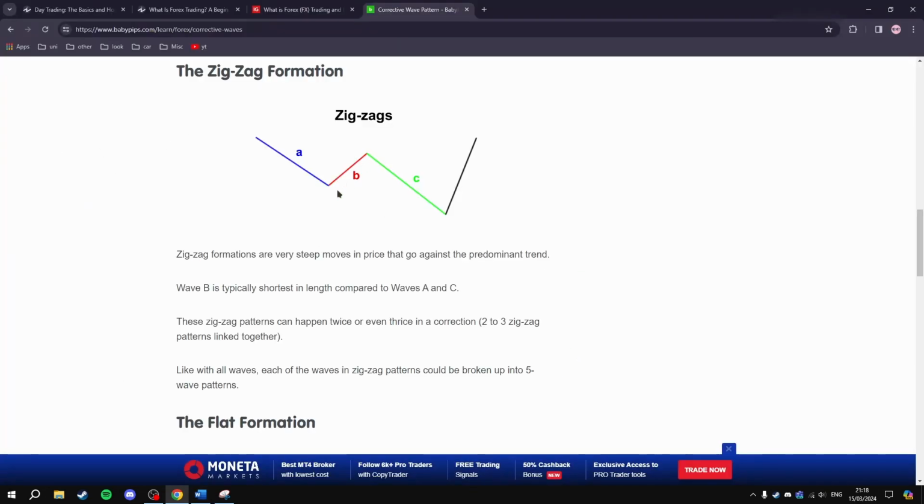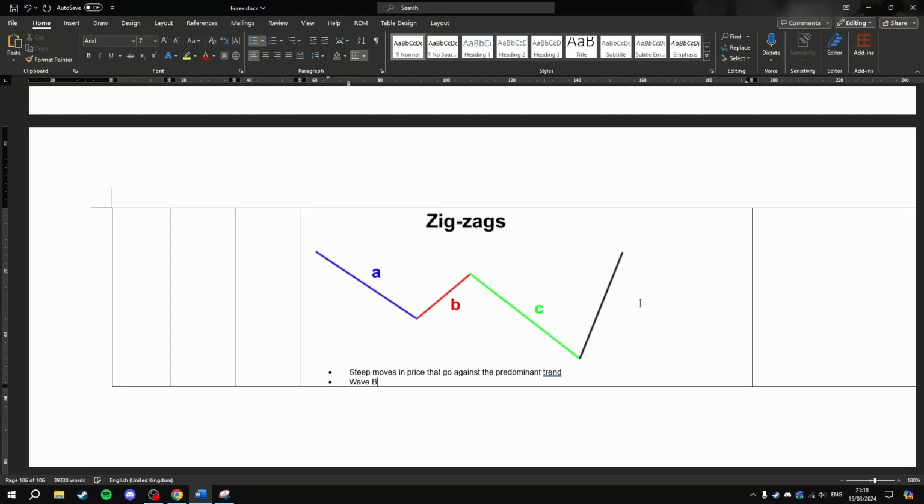Wave B, so this one here, is typically the shortest in length compared to waves A and C.